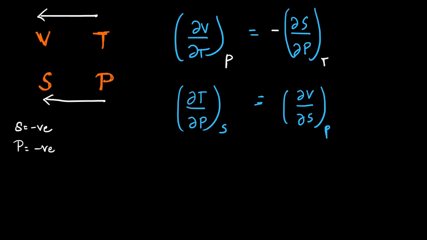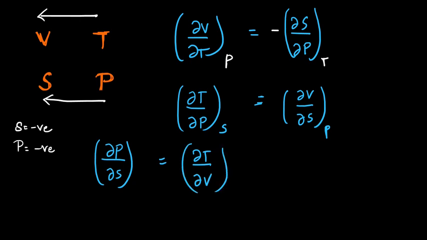I can write the equation from P to S, dou P by dou S. Similarly, dou T by dou V. For P to S, the opposite to P will be V. Now remember, I am taking P and I am going to choose the opposite diagonal of P, so I'll add a negative sign over here. Similarly, for dou T to dou V, the opposite to T will be S. This is the third Maxwell's relation.